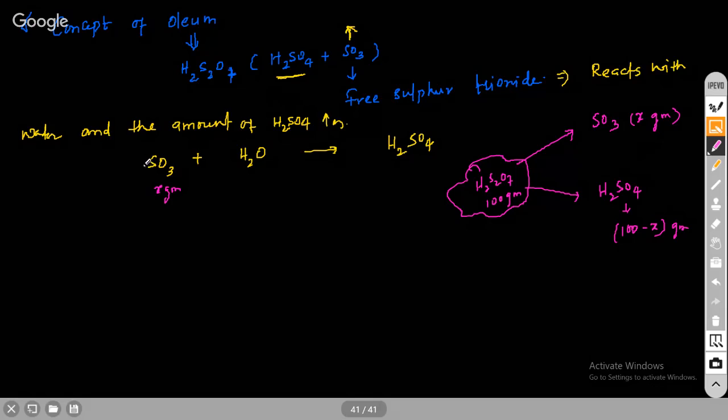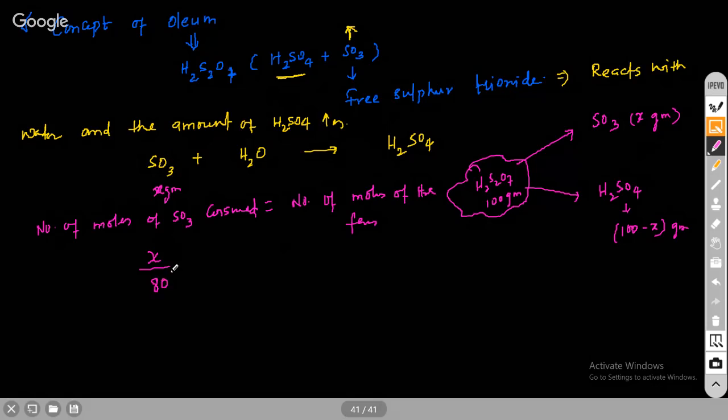Since 1 mole of SO3 gives 1 mole of H2SO4, the number of moles of SO3 consumed is equal to the number of moles of H2SO4 formed. The number of moles of SO3 is X divided by its molecular mass. That will be what?